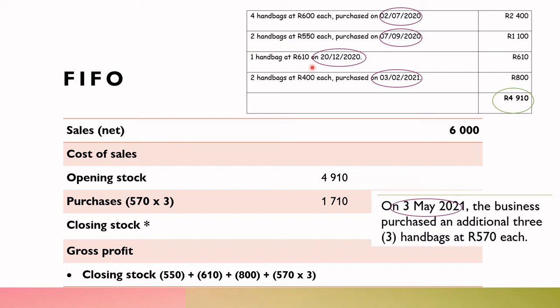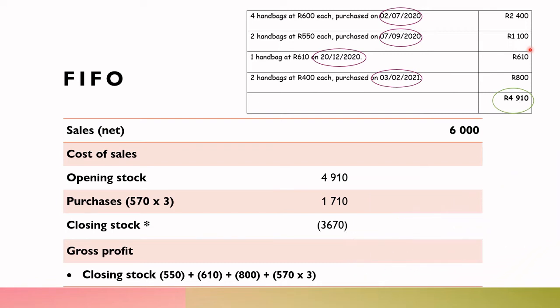One of these handbags, both of these handbags that cost us 400 Rand each, and then our new purchases, which were 3 handbags at 570 Rand each. This gives us the amount of 3,670 Rand. When we calculate our cost of sales, it will give us 2,950 Rand. Now, minusing cost of sales from sales will give us our gross profit of 3,050 Rand.